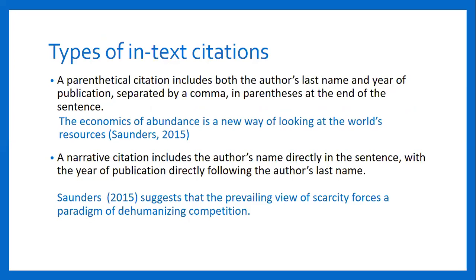So in my example, I've written a sentence and then in parentheses at the end, Saunders, comma, 2015. A narrative citation includes the author's name directly in the sentence with the year of publication directly following the author's name. So Saunders, 2015, suggests blah, blah, blah.